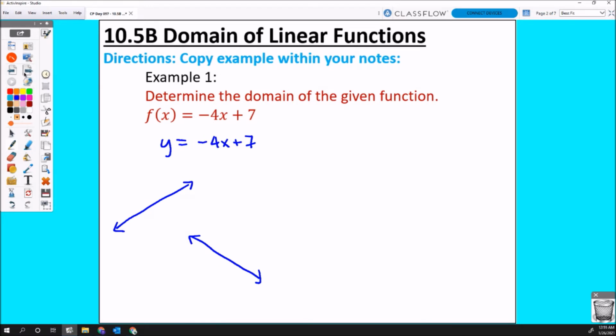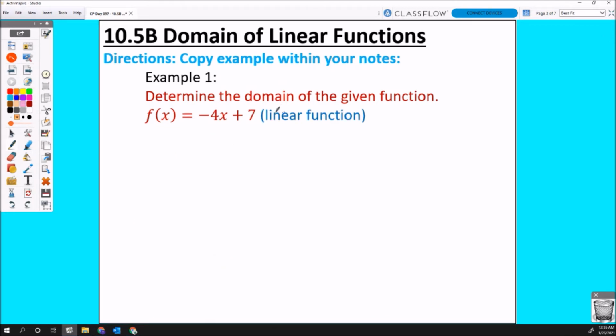So again, it's a linear function, so there's no limitation for the x values. When you're trying to identify the domain, the first thing I'm going to identify is the interval notation. For interval notation, we're just simply going to write domain.